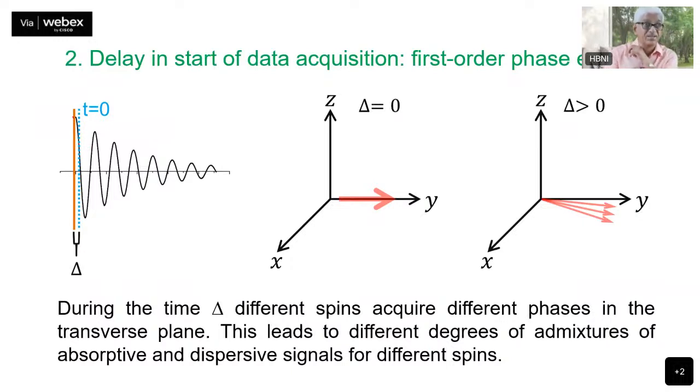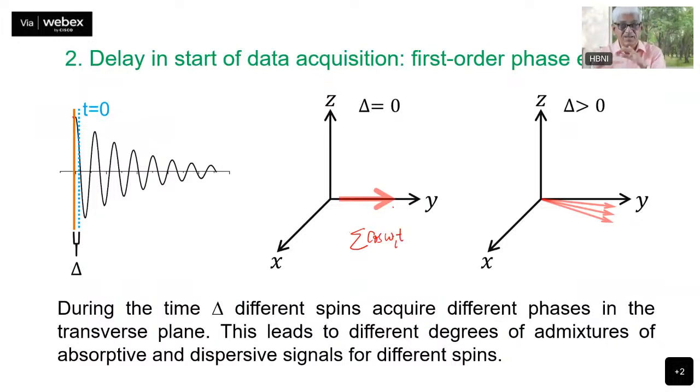That is a small delay, delta. A consequence of that: suppose delta were 0, your magnetization would have come to this point. If delta is not 0, remember this is the superposition of all the frequencies, the summation of cosine omega i's.